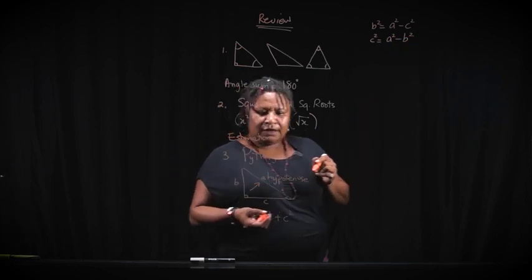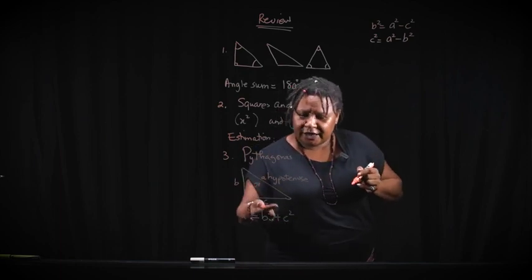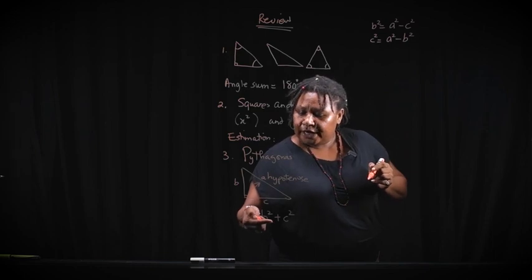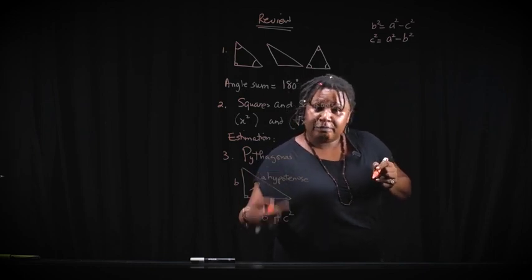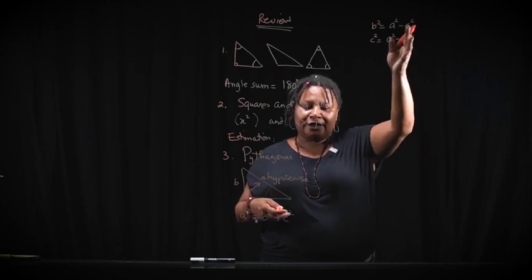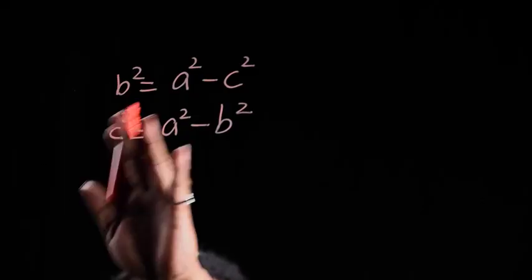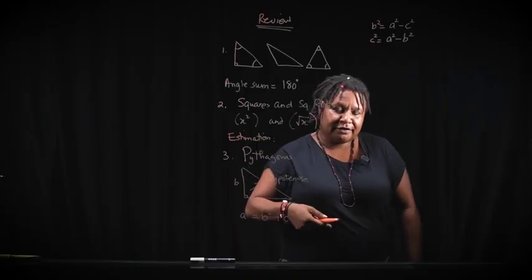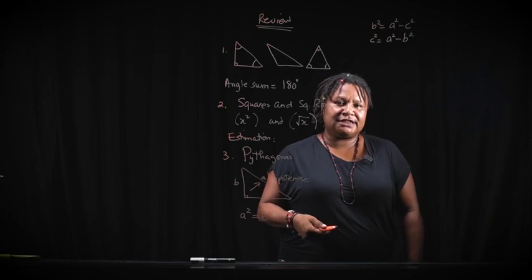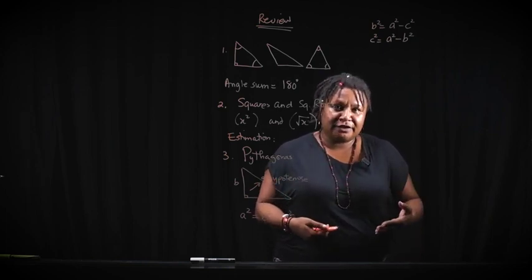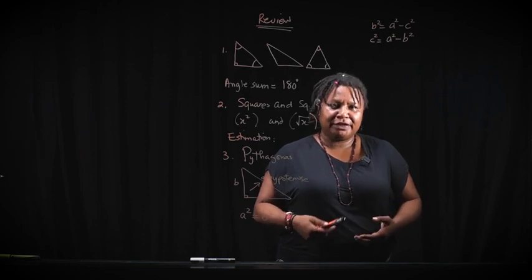So Pythagoras' theorem is a square equal to b square plus c square, and to find the shorter sides, I can rearrange this formula. With Pythagoras, we applied it to find heights, and also we used Pythagoras in 3D applications.